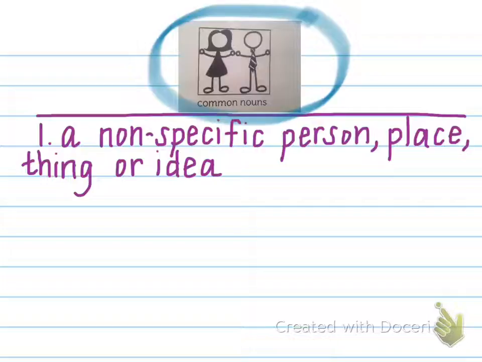The second thing we're going to add is that common nouns are usually found in the dictionary.